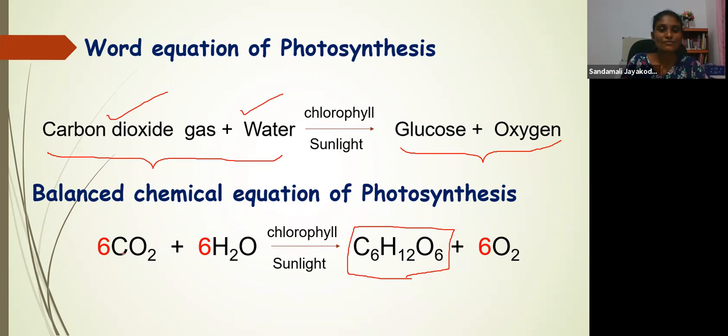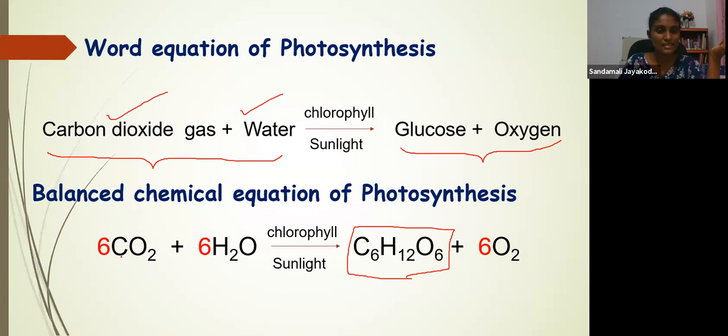Once we put 6 to carbon dioxide, water and oxygen, all the atoms of different elements are equal in number on both sides. Here 6 CO2 molecules and 6 H2O molecules combine together to form a glucose molecule and 6 oxygen molecules.